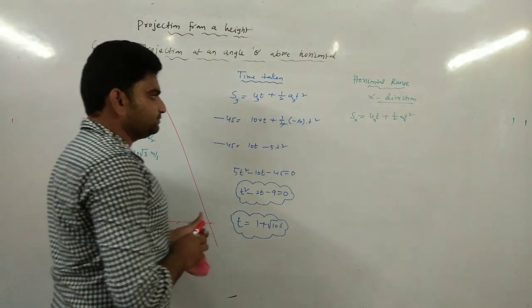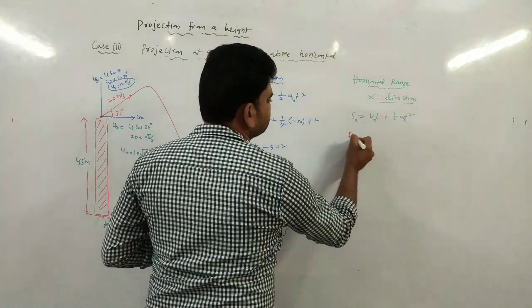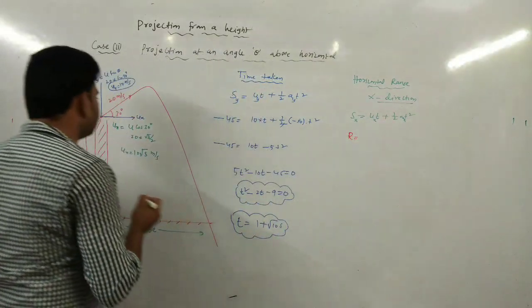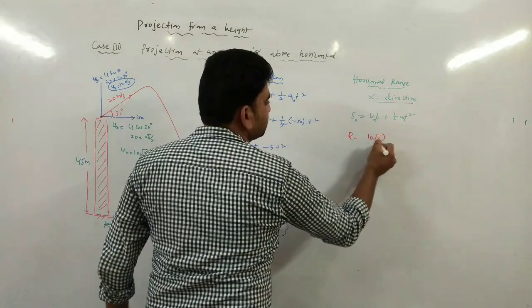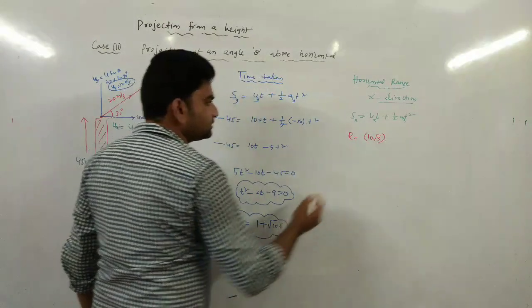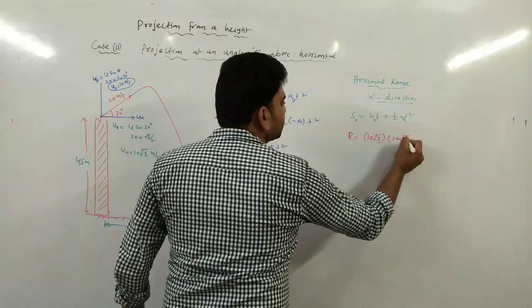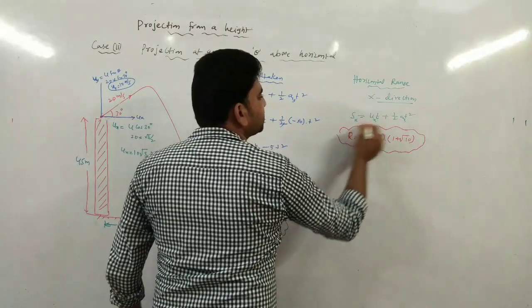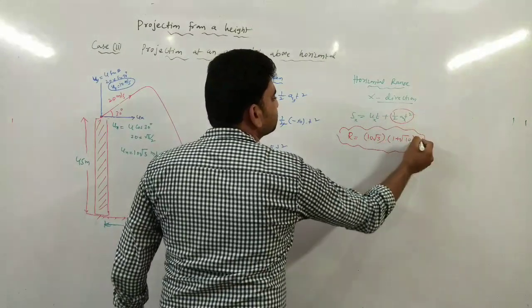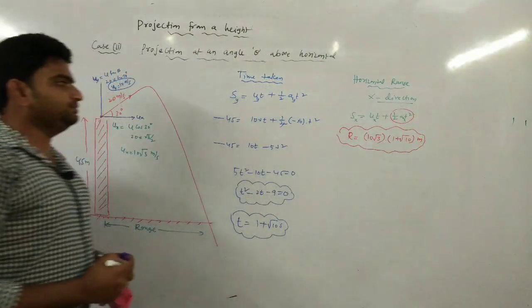That is the range. Ux is nothing but 10 root 3 into the t value we just got, that is 1 plus root 10. So this is my range value. There is no acceleration, so this term becomes 0. This is the range value.